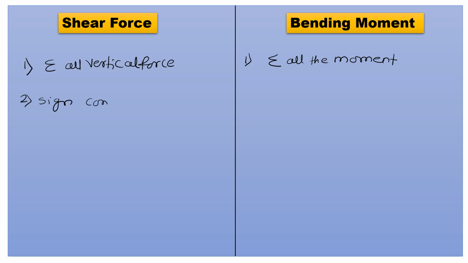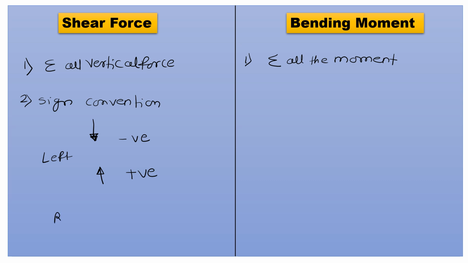Then the second important point is sign convention. The sign convention for shear force: whenever the applied force is vertically downward, take it as negative, and whenever it is vertically upward, take it as positive. This is the sign convention when you calculate the shear force from the left side of the beam.